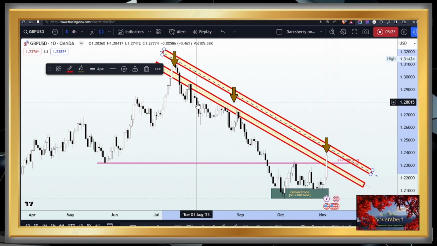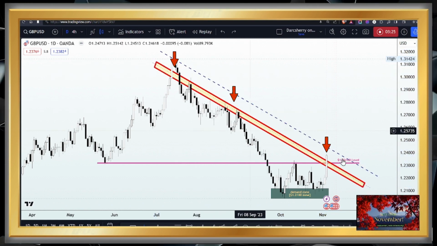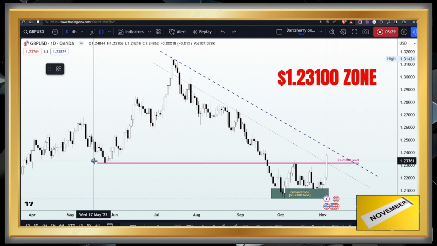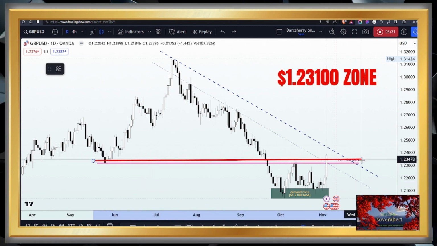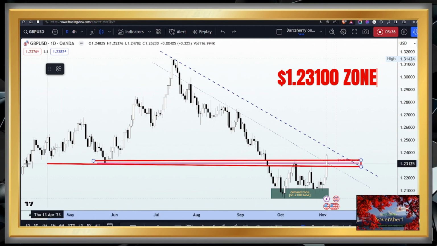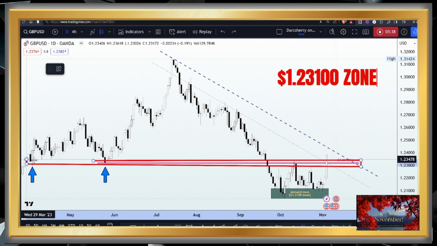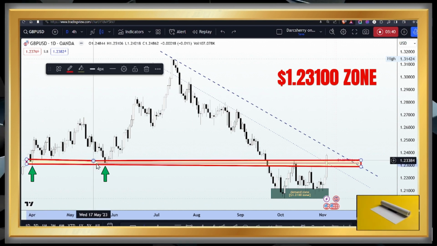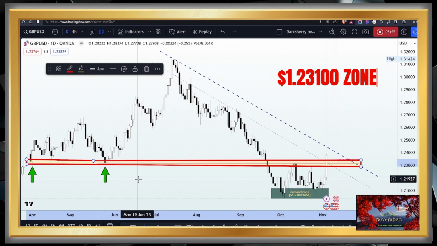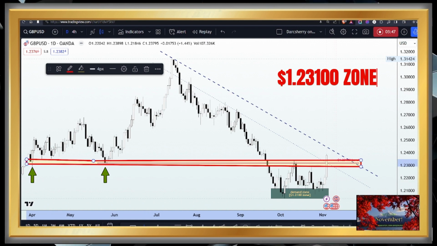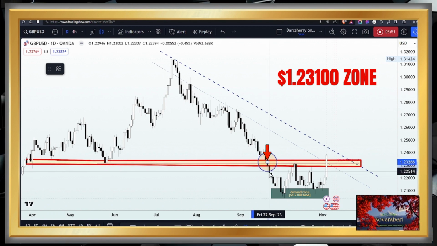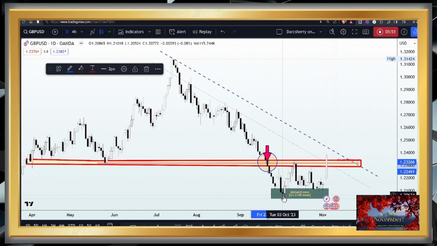Now, in addition to this descending trend line is my key level for this week, which is situated along the 1.23100 area. And in fact, if you look at this closely, you will see how this level had played a major role in pushing price to the upside since the month of March of this year, and not until the second half of the month of September, we witnessed a breakdown of that structure.